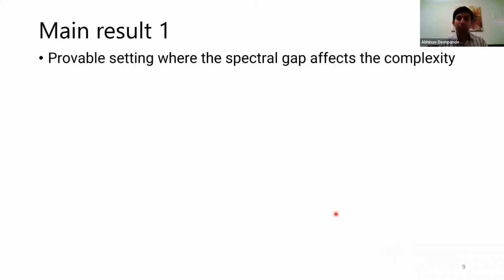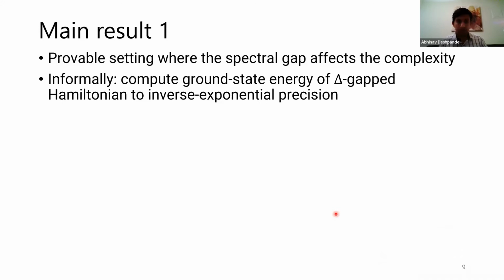So we have a provable setting where the spectral gap affects the complexity. The problem we are considering is to compute the ground state energy of a delta-gapped Hamiltonian, where I mean that the spectral gap is at least delta. And we want to compute it to inverse exponential precision.